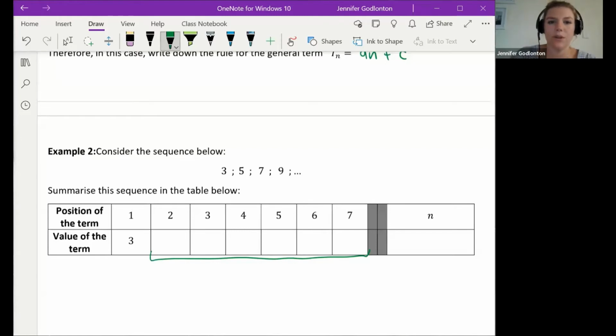So tell me what those numbers are going to be. 5, 7, 9, 11, 13, 15. Okay, so we know that they're going to be 5, 7, 9, 11, 13, 15.